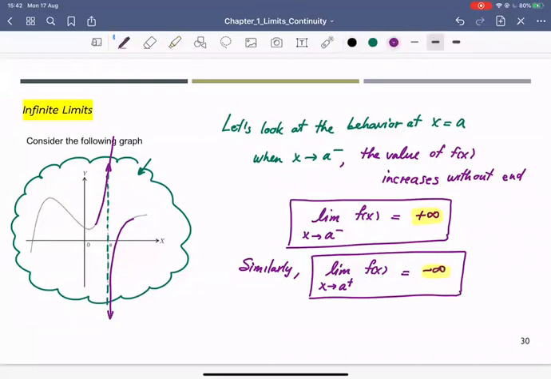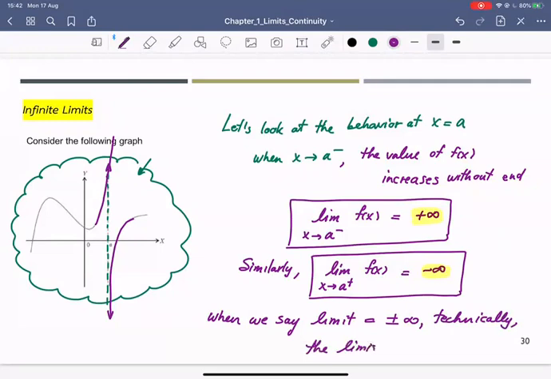Keep in mind that when we say the limit is equal to plus or minus infinity, technically the limit does not exist. We say that a limit exists when the limit is a real number. If the limit is not a real number, we say the limit does not exist.